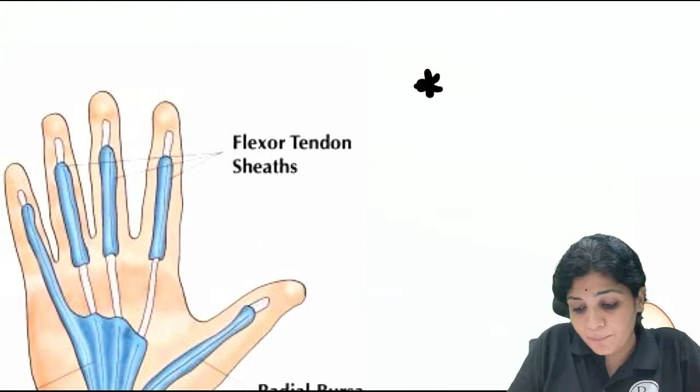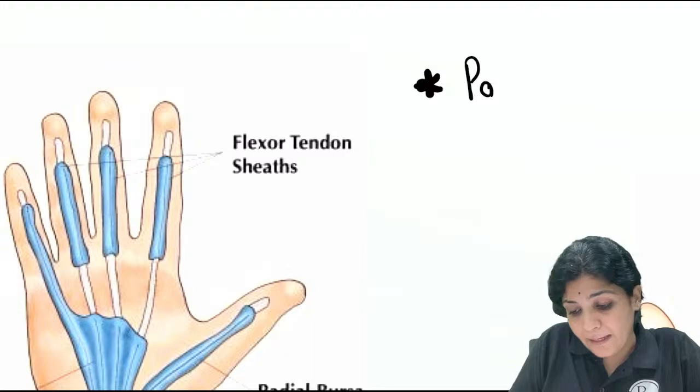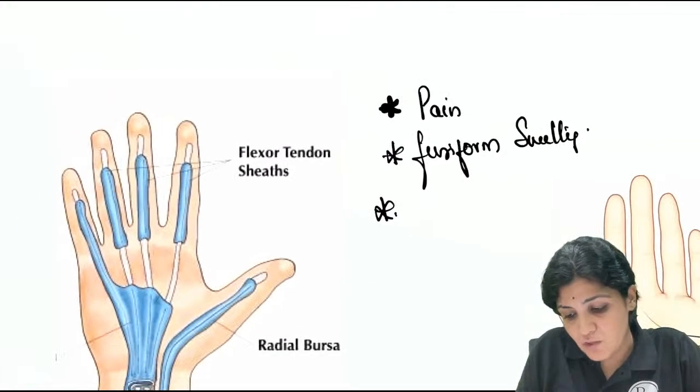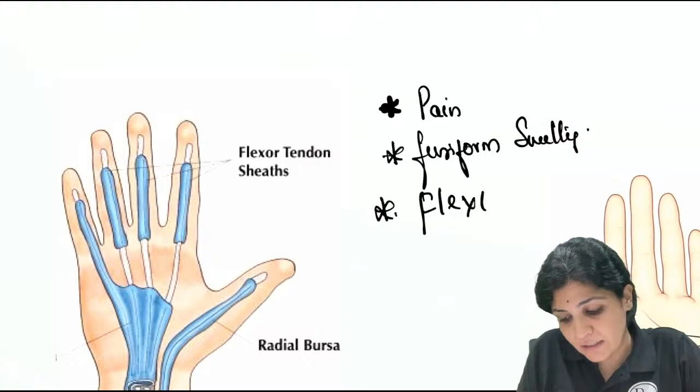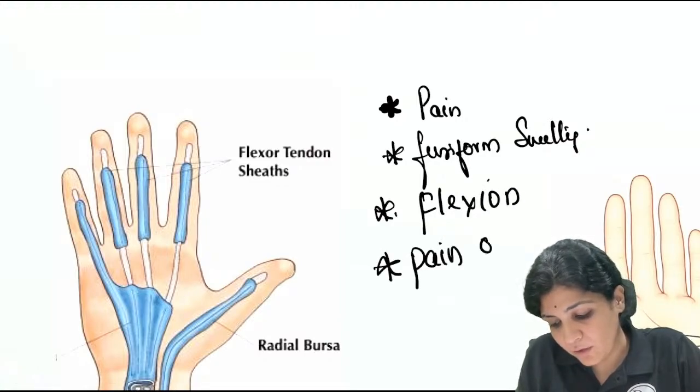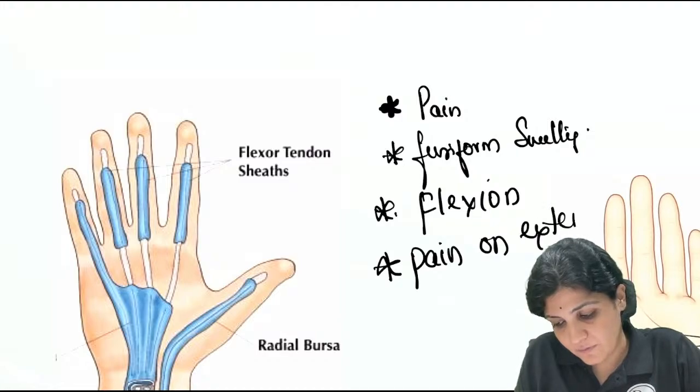First, there will be pain, then fusiform swelling. So there will be a uniform swelling of the fingers, and then the fingers will be in flexion, and then they have pain on extension, right?